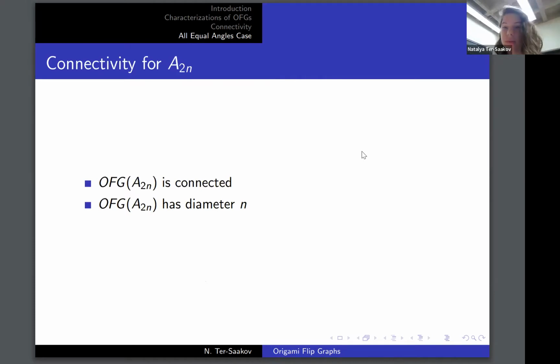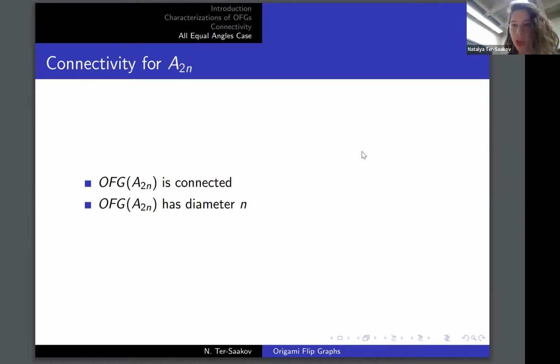We know that this graph for the all equal angle case is always connected, and that it always has diameter n. Proving that it has diameter at least n is very easy. If you think about a mountain valley assignment and its exact opposite, in other words, looking at it from below, every crease switched parity, and we can only switch parity of creases by flipping one of its adjacent faces.